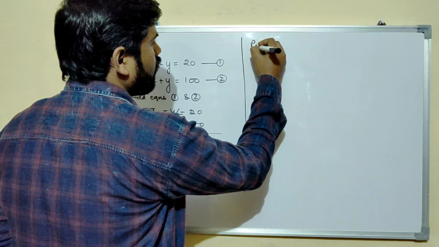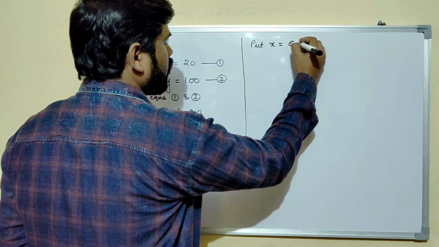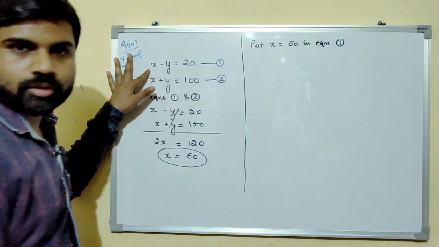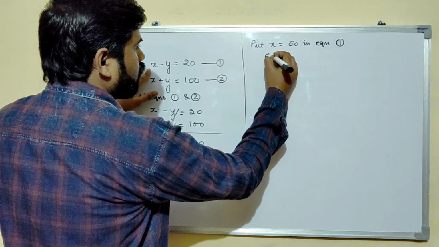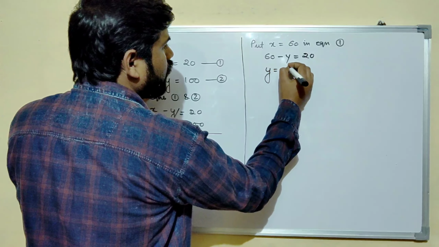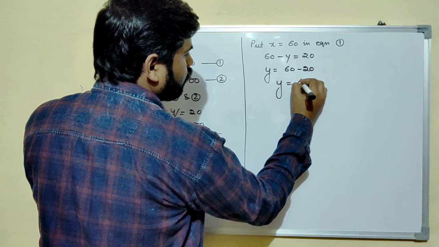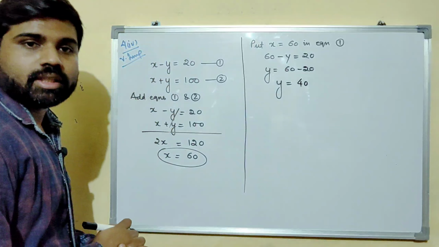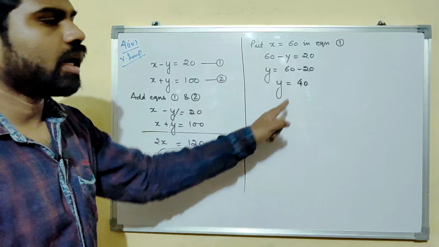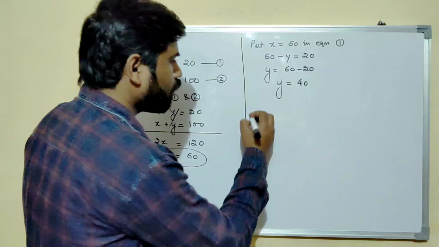Put x equals 60 in equation 1. So the equation was 60 minus y equals 20, or you can say y equals 60 minus 20, which is 40. That means the speed of car A is 60 km per hour and that of car B is 40 km per hour.